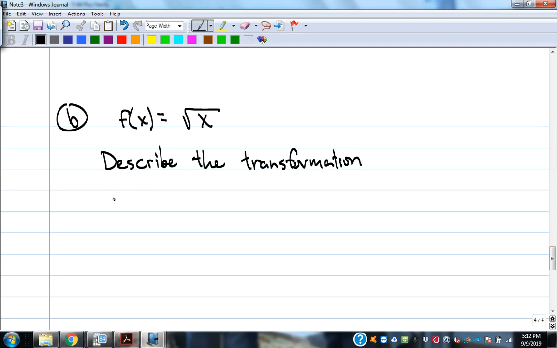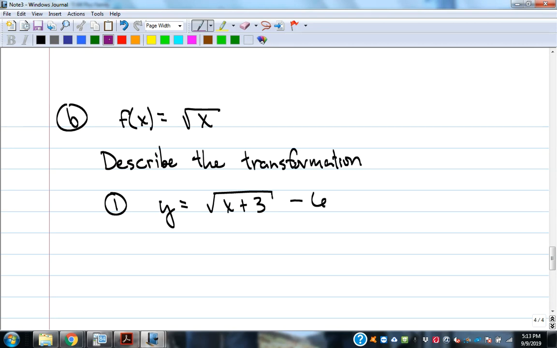All right, so first one, say we had y equals the square root of x plus 3 and then a -6 on the outside. What would that do to the parent function? It doesn't matter what order you say that in on this one.